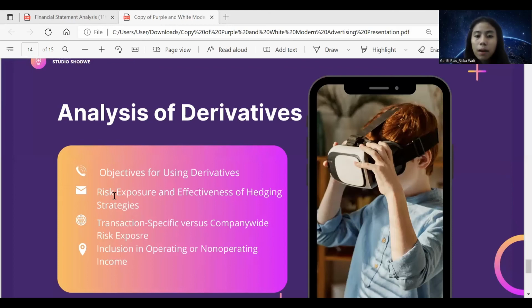The last point is about inclusion in operating or non-operating income. Another analysis issue is whether to view unrealized or realized gains and losses on derivative instruments as part of operating or non-operating income. To the extent derivatives are hedging instruments, then unrealized and realized gains and losses should not be included in operating income.